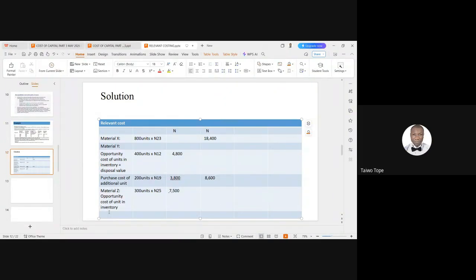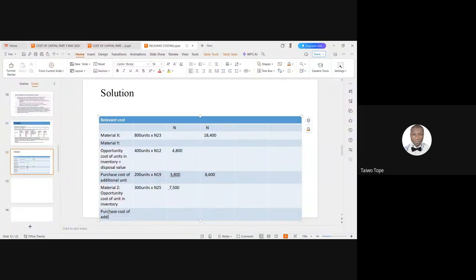So the purchase cost of additional units: the additional units are 200 units multiplied by 14.